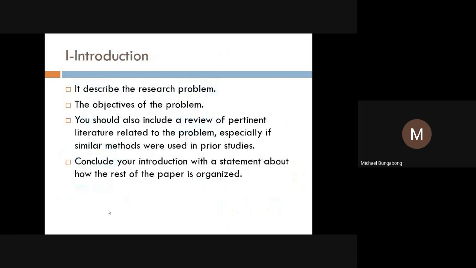So in introduction, class, it simply describes the research problem, okay? And what are your objectives? You should also include a review of pertinent literature, then conclude your introduction with a statement about how the rest of the paper is being organized. So these are the important factors that we can see in your introduction.